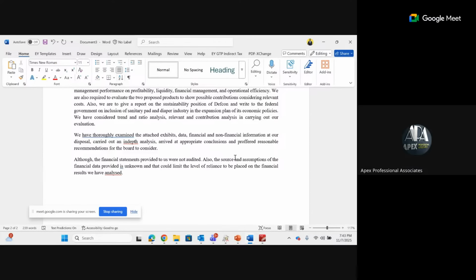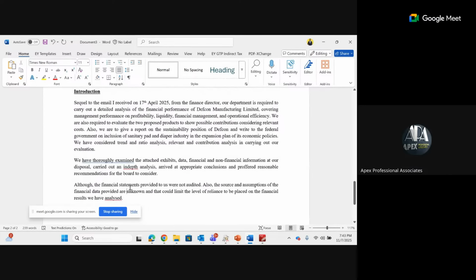Also, the source and assumptions the financial data is relying on is unknown, so it could be wrong. There could be something that changed. That's just a form of being skeptical about the financial information and data that you have.